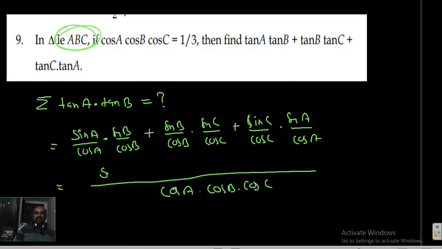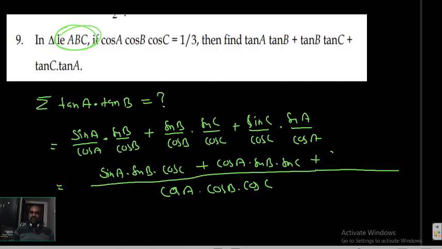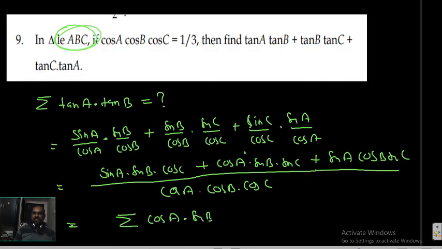I will write here sin A into sin B into cos C plus cos A into sin B into sin C plus sin A into cos B into sin C. So that is actually sigma cos A into sin B into sin C by cos A cos B cos C. I want to take this result as result 1.